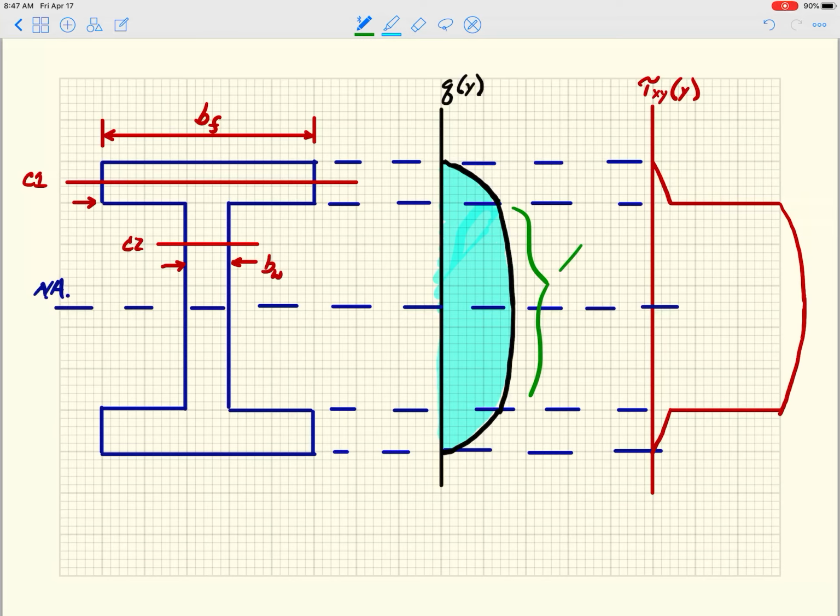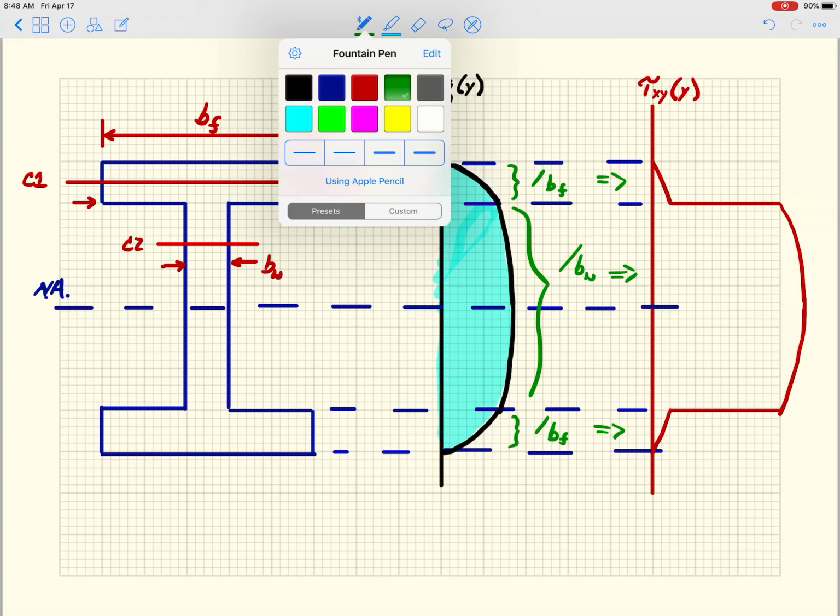So this part here is divided by B sub W, and that's what gives us that part of the diagram. And this part here is divided by B sub F, and that gives us this part of the diagram. And of course, this one down here is also divided by B sub F, so it gives me that part of the diagram. And that's why there's a discontinuity.